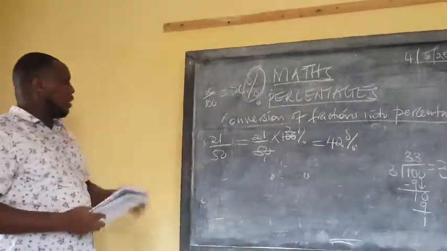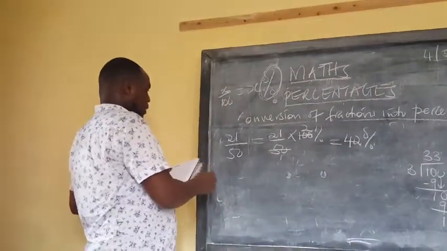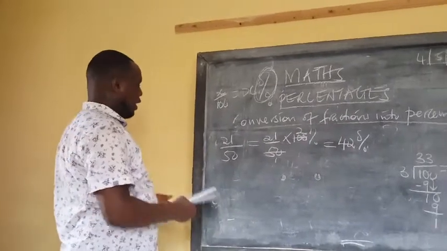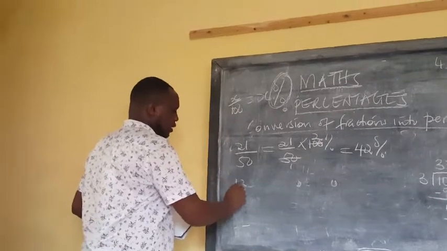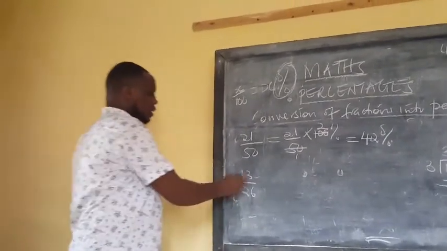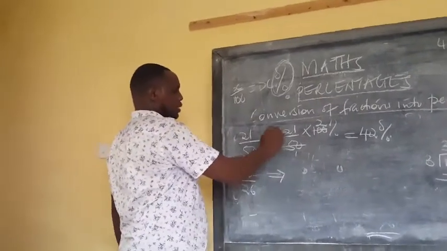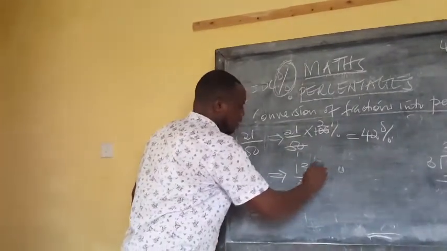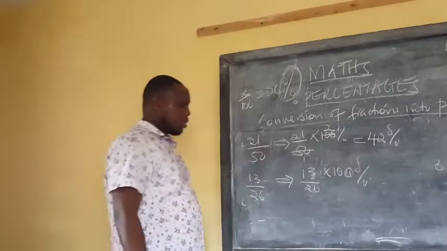So learners, we can have as many examples as possible, but let me give you the last one. The last one, we can take 13 out of 26 as a fraction. Let's convert it into a percentage. So we get 13 out of 26 multiplied by 100%.